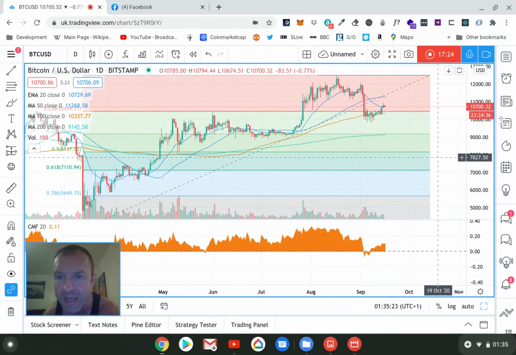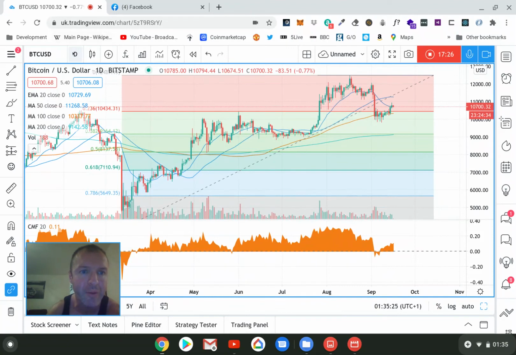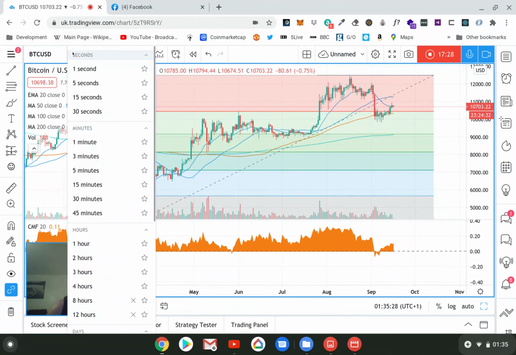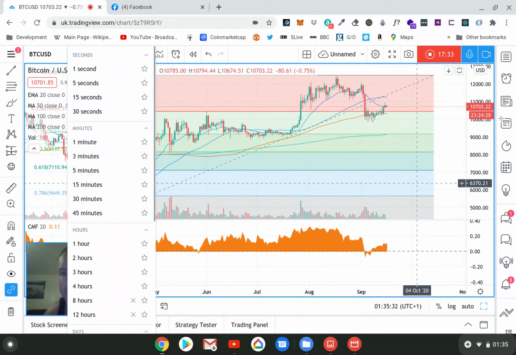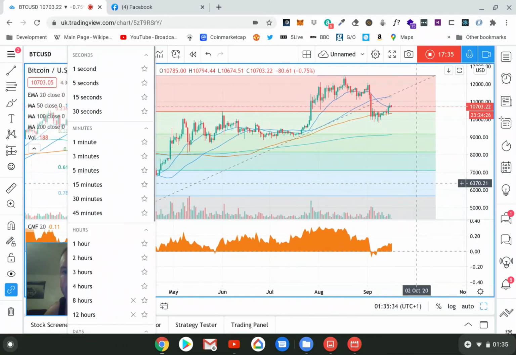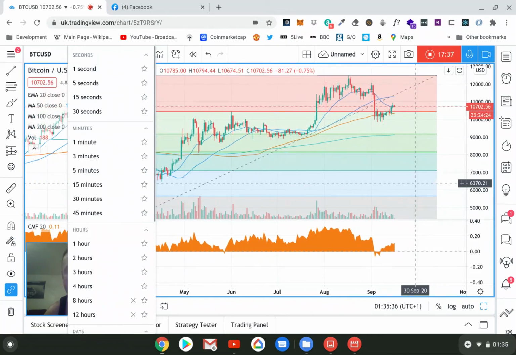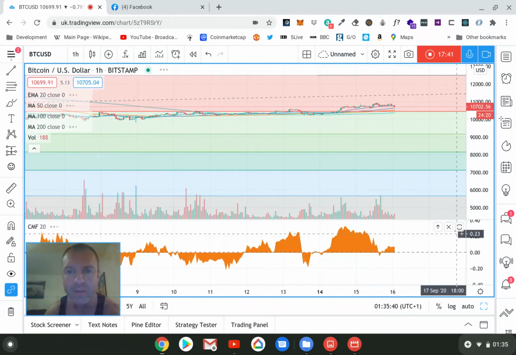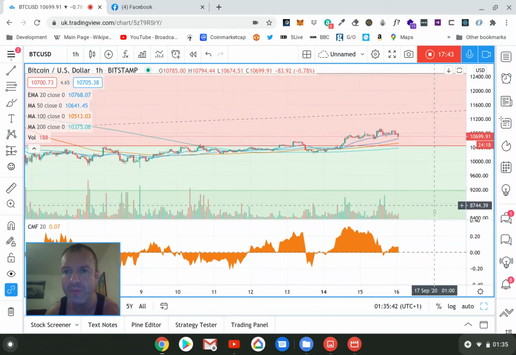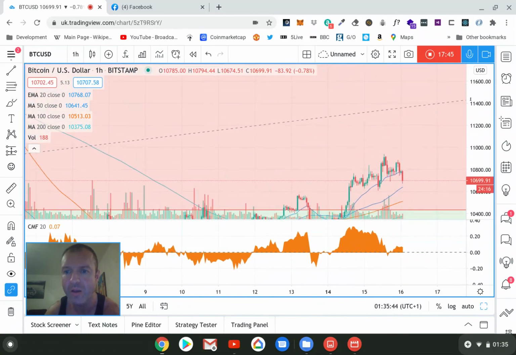At the moment, let's have a quick look at an hourly chart, because I noticed it hit a fib earlier on a different chart. It hit a fib and got rejected quite firmly from that fib. Let's have a look at a shorter time frame and see what's happening at the moment in Bitcoin.